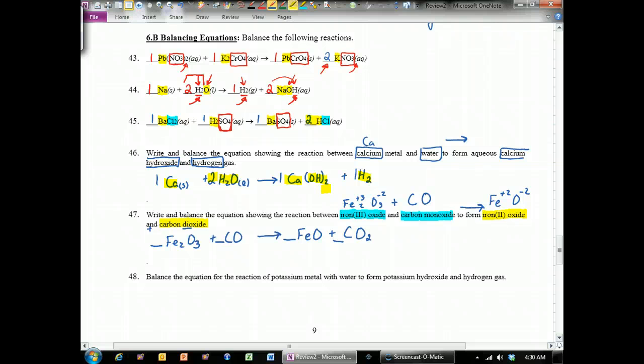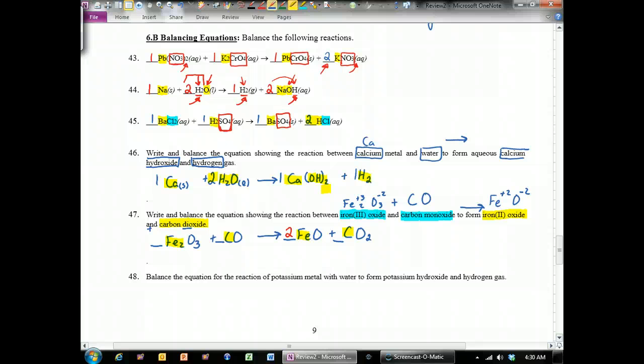Balancing this out, starting out with the irons, there's 2 irons on the reactant side, only 1 iron on the product side. So a coefficient of 2 over here will balance my irons. Then I look at my carbons next. The reason why I skipped my oxygens is because oxygen is found in every one. Carbons balance out.